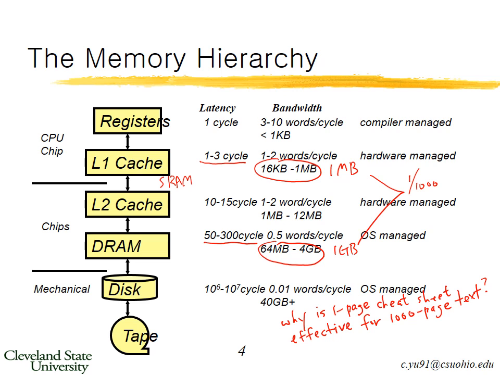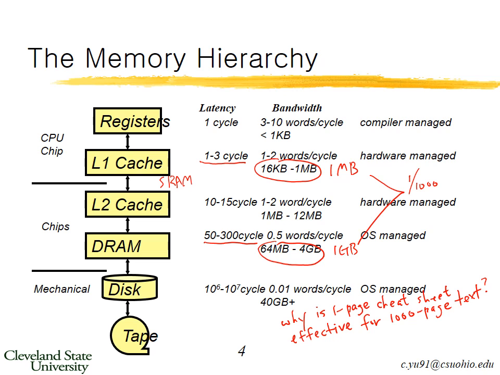On the other hand, DRAM is 50 to 300 cycles, which is much slower compared to the CPU as well as the cache. So by having the cache in the middle between the CPU and DRAM, it's going to be much more effective and also help fill the speed gap between those two.